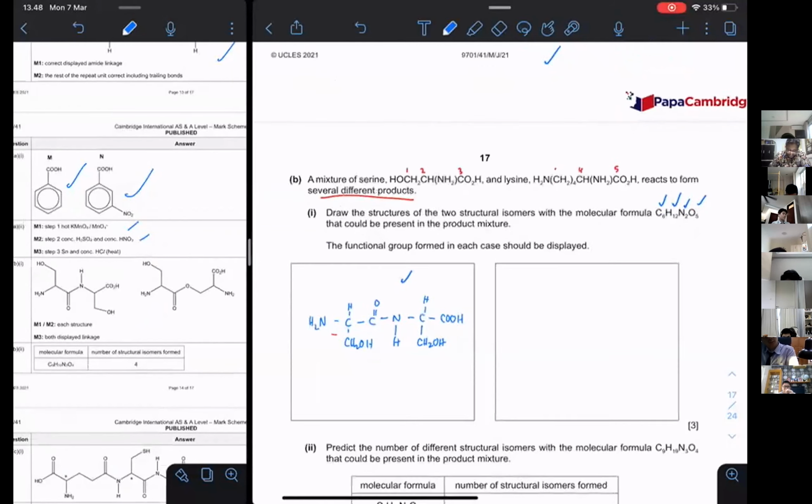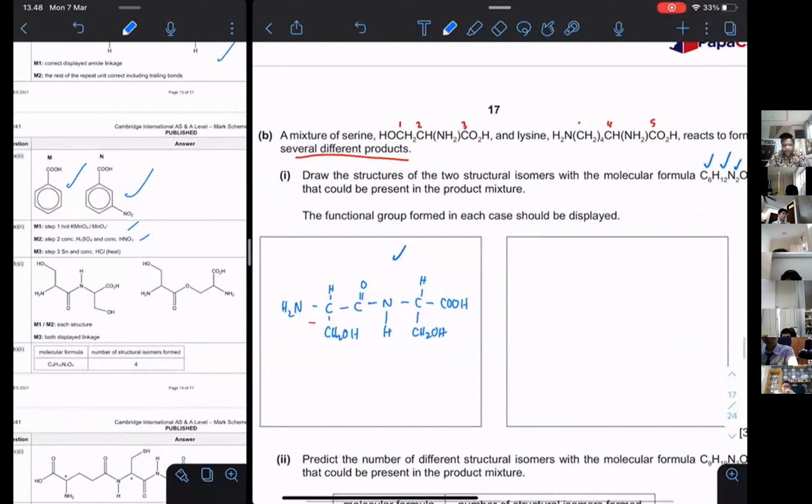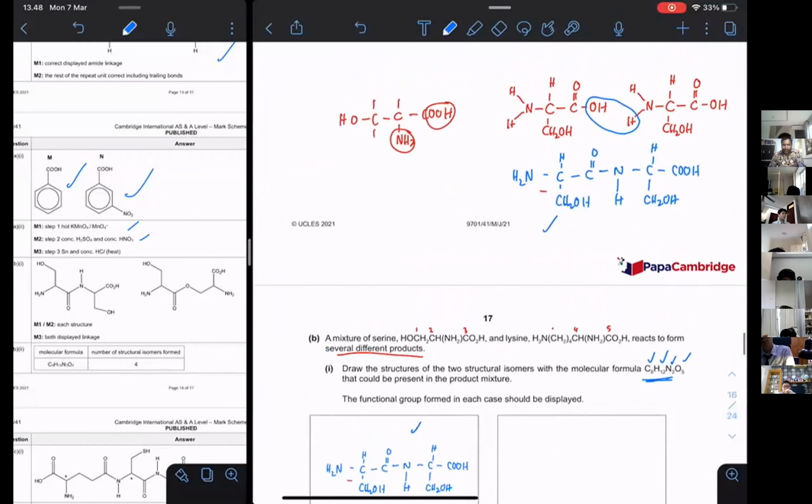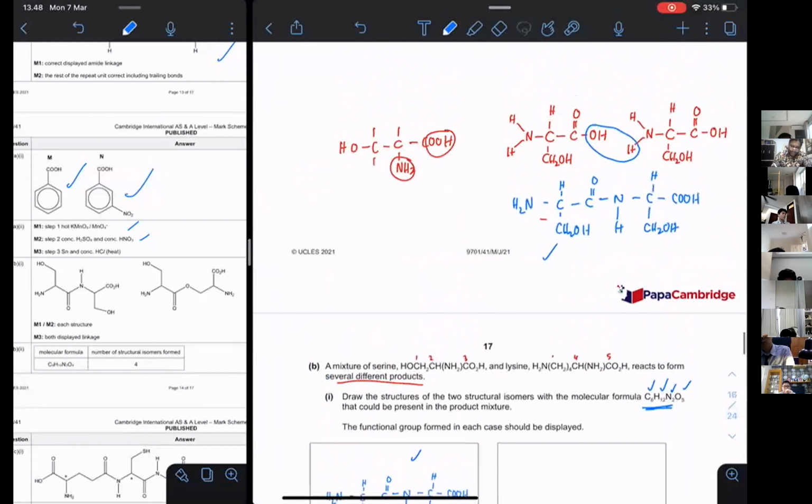It means they are going to use this and then try to come up with another isomer that will share the same molecular formula. So what is another isomer that I can have? I think we have to draw another one. I think that is the best way also.